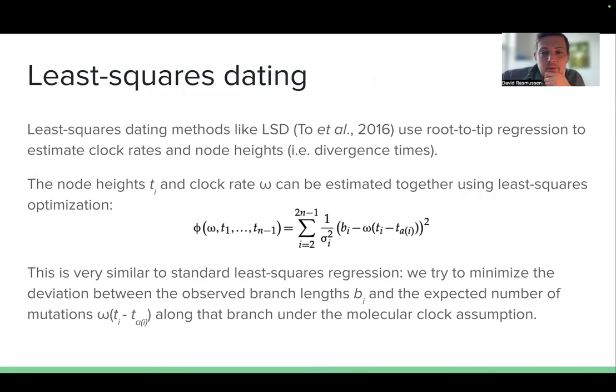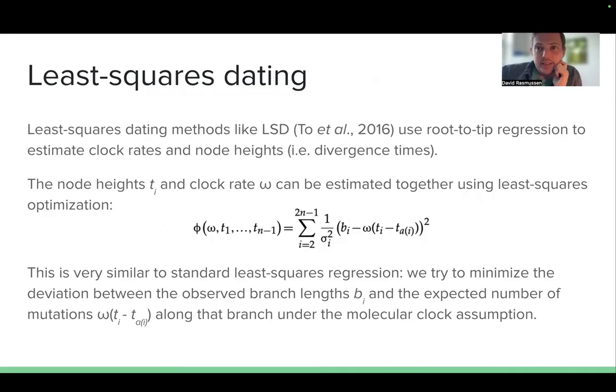The way that it does this is that LSD, the least squares dating method, tries to both estimate the heights of all the nodes of the tree, that's the T's here, as well as the overall molecular clock rate, which we'll call omega.